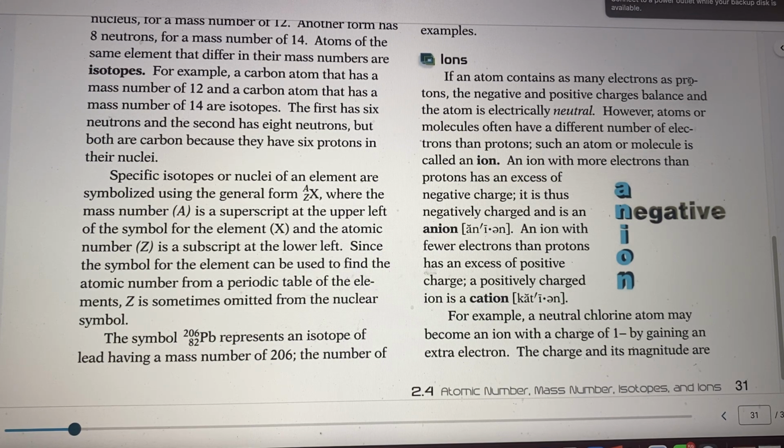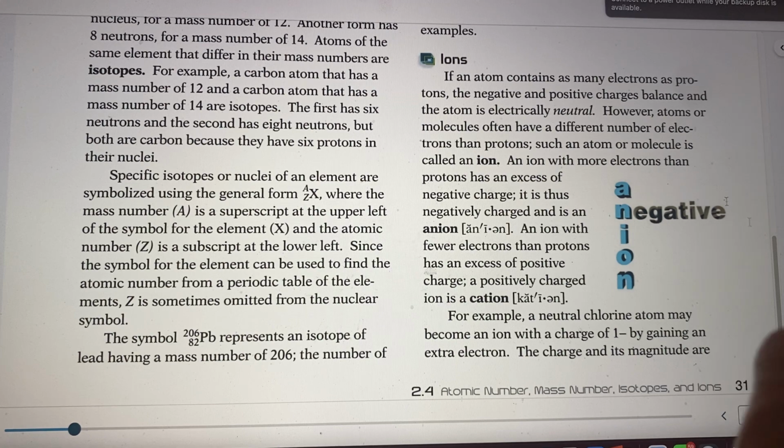That's why most of our atoms are balanced out, because they have the same number of electrons as protons. But every once in a while, you'll have an electrically charged ion that will have one extra or many extra electrons, making it negative, or not enough electrons, making it positive, okay?